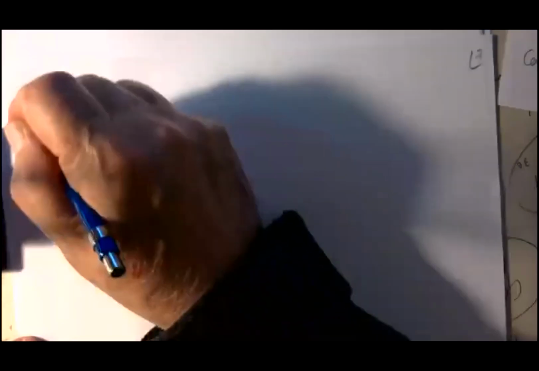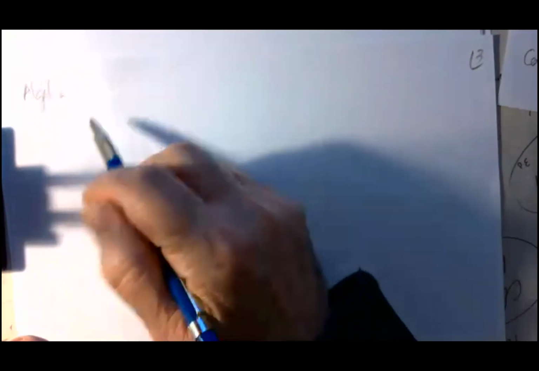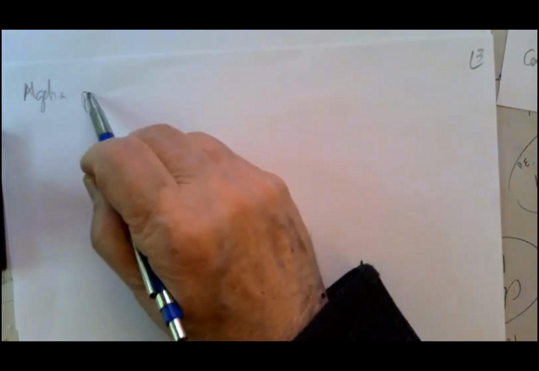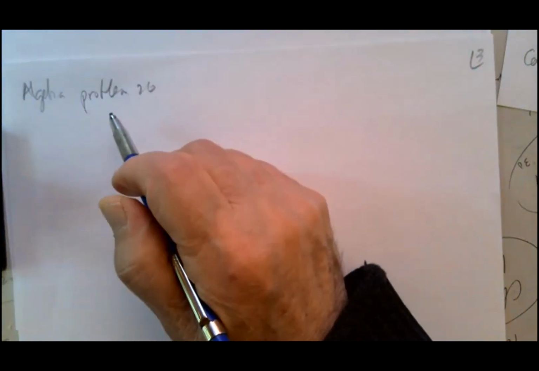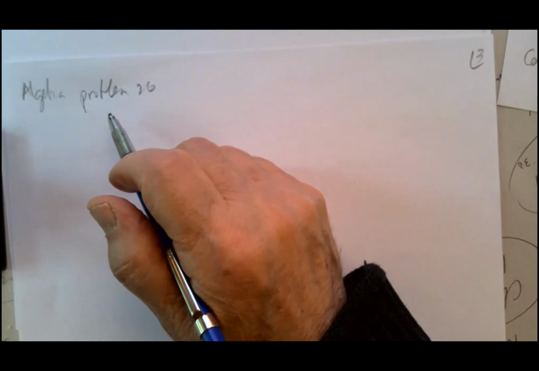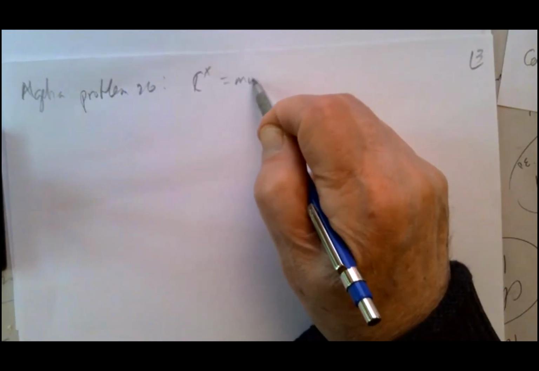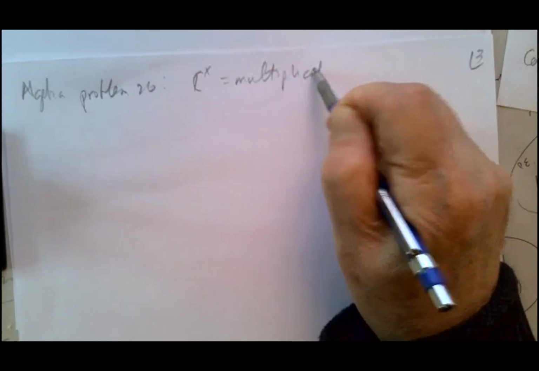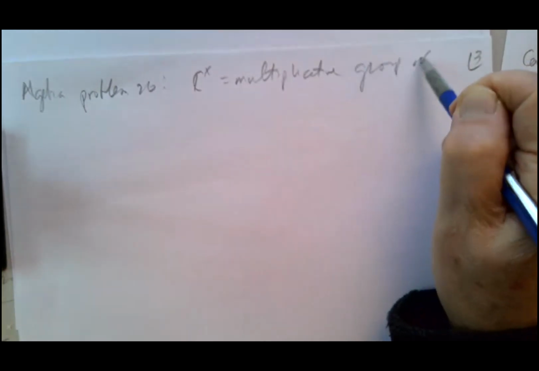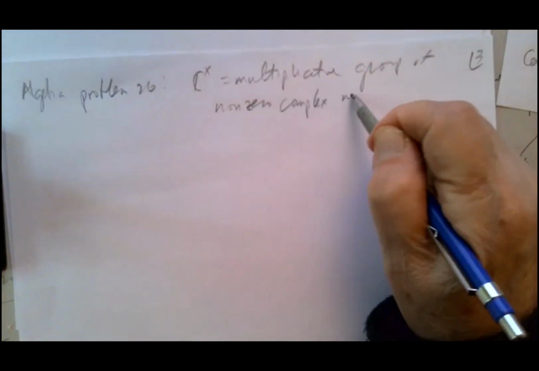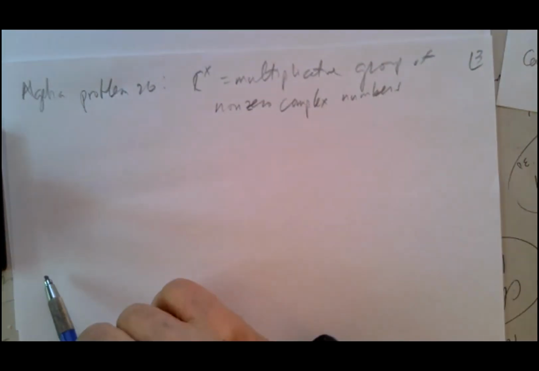All right. So this is algebra. Problem 26. We let C star be the multiplicative group of non-zero complex numbers.